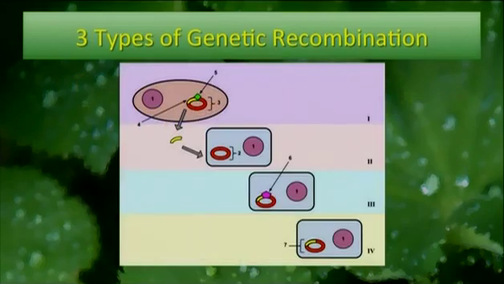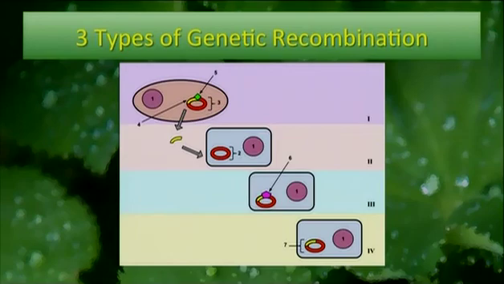Here we have a bacterial cell, which is oval in shape and brown. Under that you see a rectangular bacterial cell, and you can see the genetic material there in yellow being taken up by the rectangular cell.